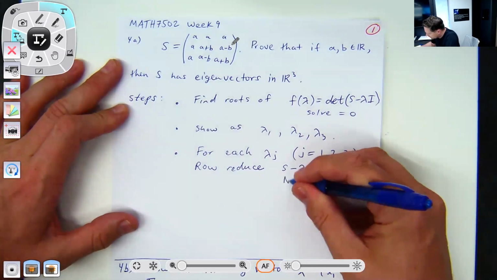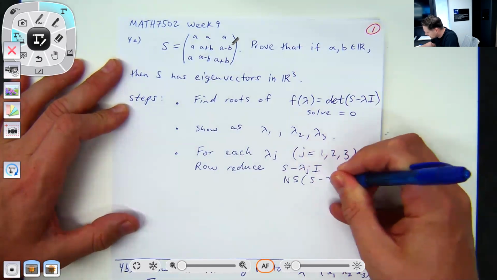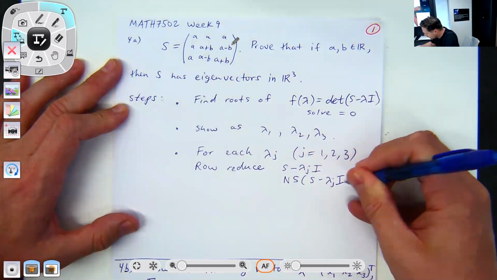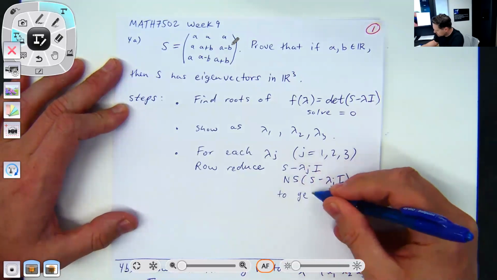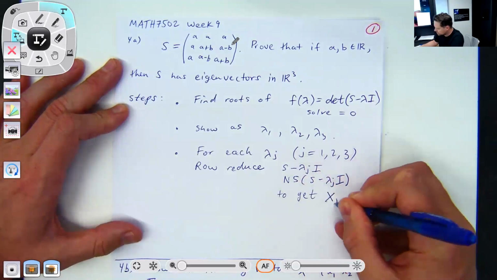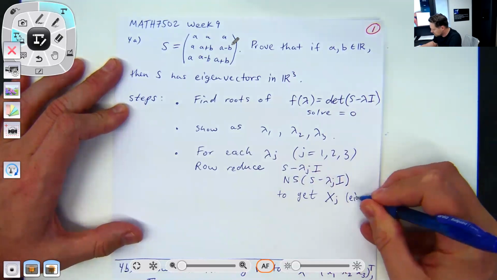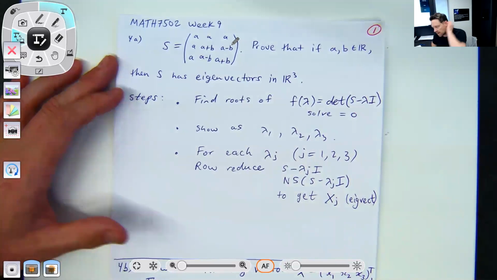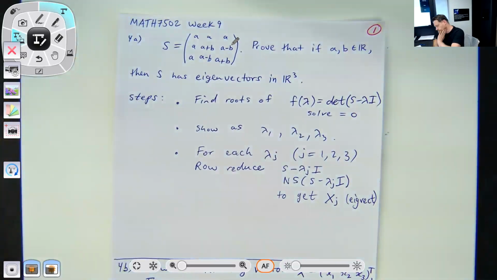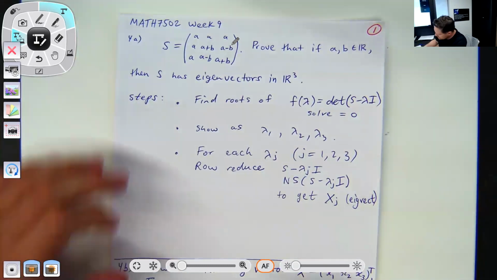Okay, so you're calculating the null space of S minus lambda j times I to get x subscript j, the eigenvectors. I'm going to abbreviate these because I don't want to each time write out eigenvalue and eigenvector. Now your question is, do all of these eigenvectors have real entries?